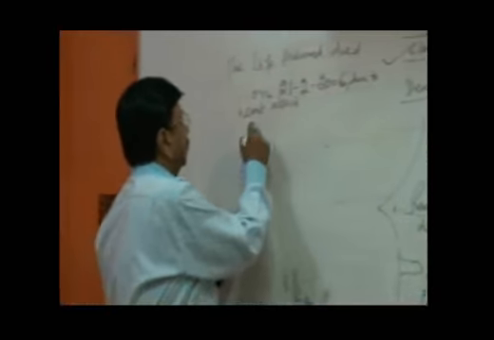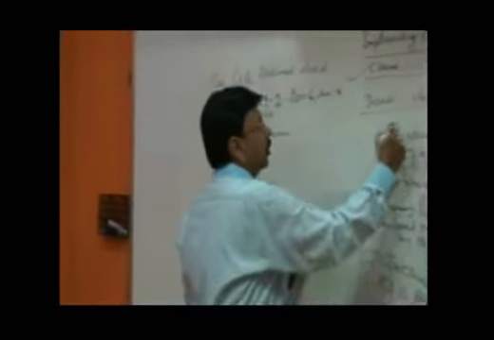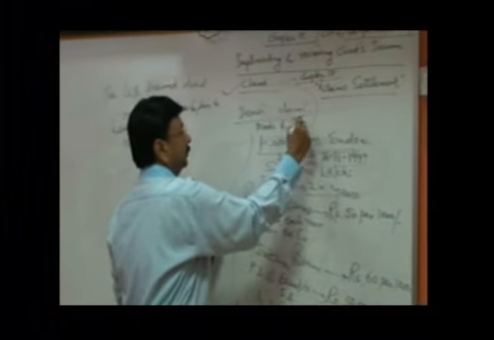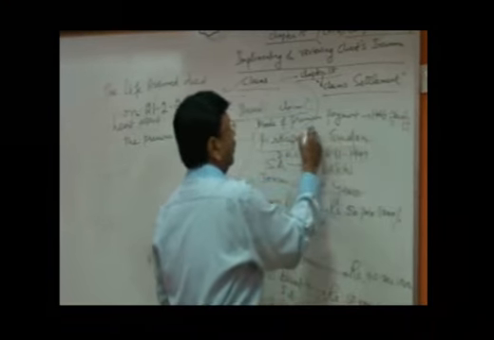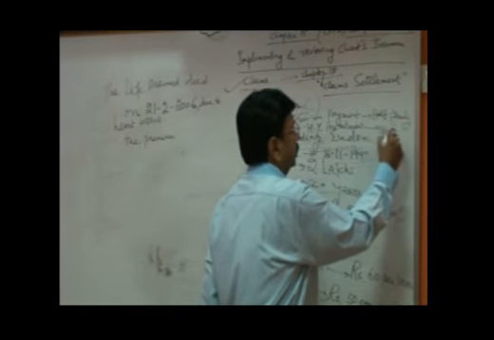They will also write the mode of premium payment. Say the mode of premium payment is half yearly, and the half yearly installment was, say, 8,000 rupees at a particular age. So calculate the death claim payable.